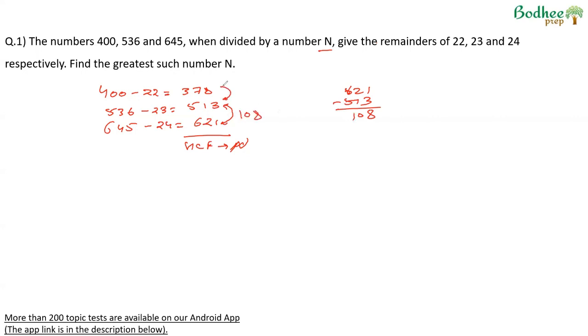And the difference between these two numbers, 513 minus 378, becomes 135. This is nothing but 27 into 5. And 108 is nothing but 27 into 4.